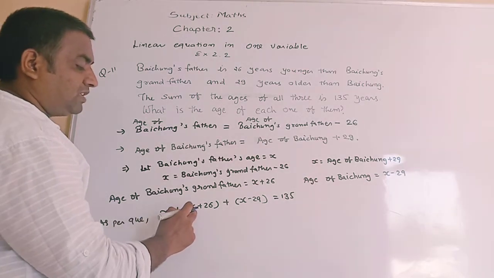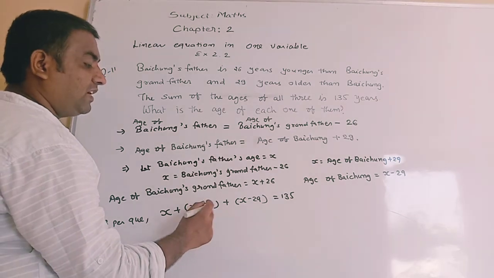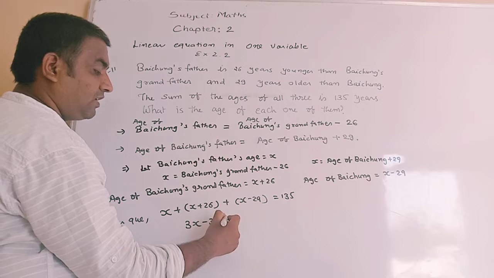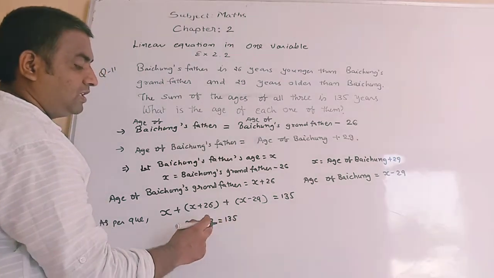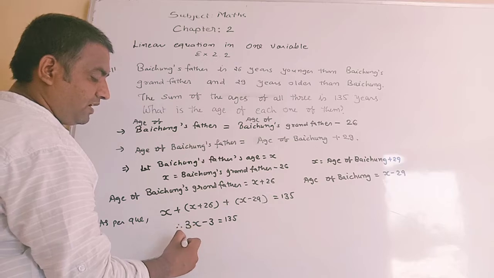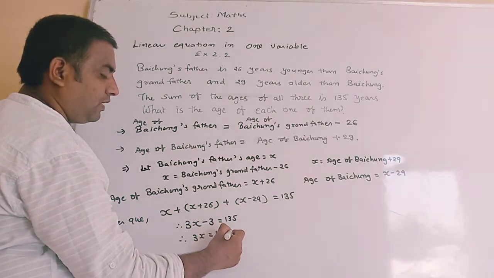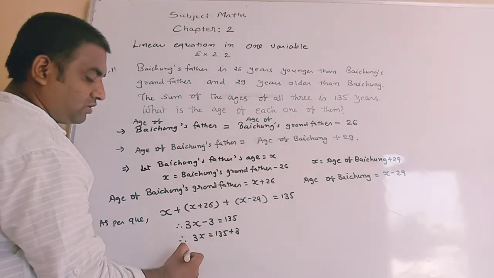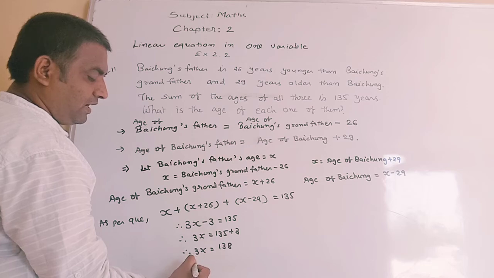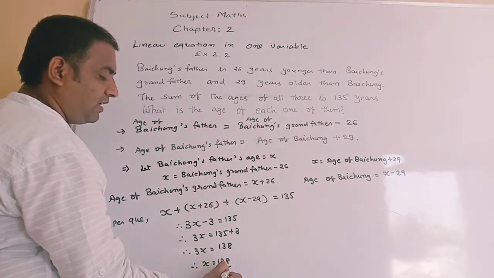So x plus x plus x, 3x plus 26 minus 29, minus 3, equals 135. So minus 3 will go the other side, it will be plus, and so 3x equals 135 plus 3. So 3x is equal to 138, and so x is equal to 138 divided by 3.